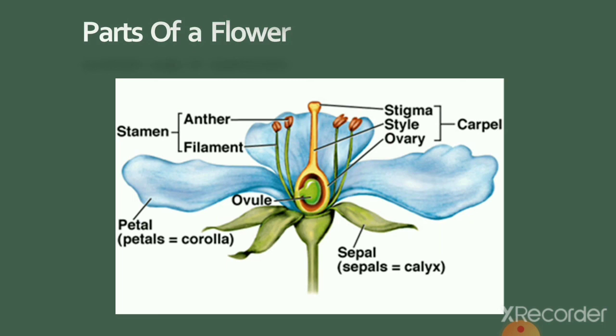If a flower contains all types of reproductive and accessory organs, meaning calyx, corolla, androecium, and gynoecium, then it is called a perfect or complete flower. If any one of these four parts is missing from the flower, it is considered an imperfect or incomplete flower.